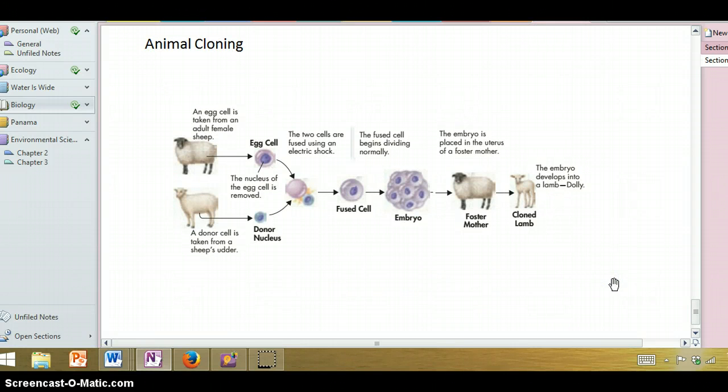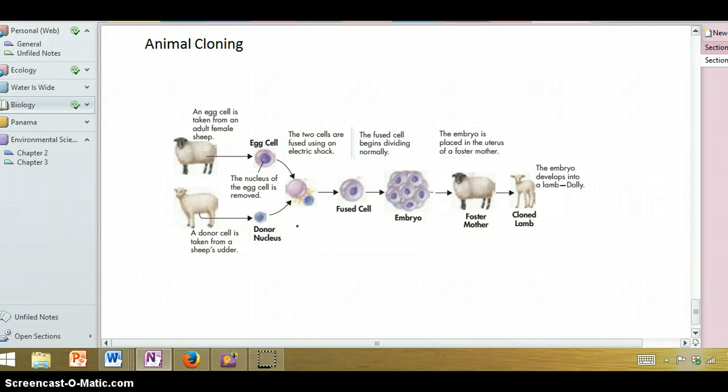What you have to do with them is essentially get an egg cell, which again is sort of the ultimate stem cell. It's completely undifferentiated. You basically remove its nucleus. You take a nucleus from a cell from the organism you want to clone, and that nucleus can't just come from any kind of cell.